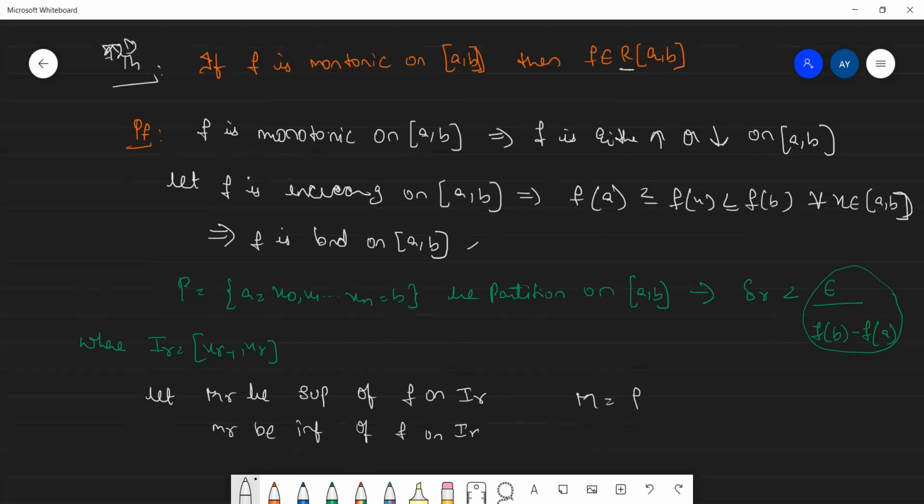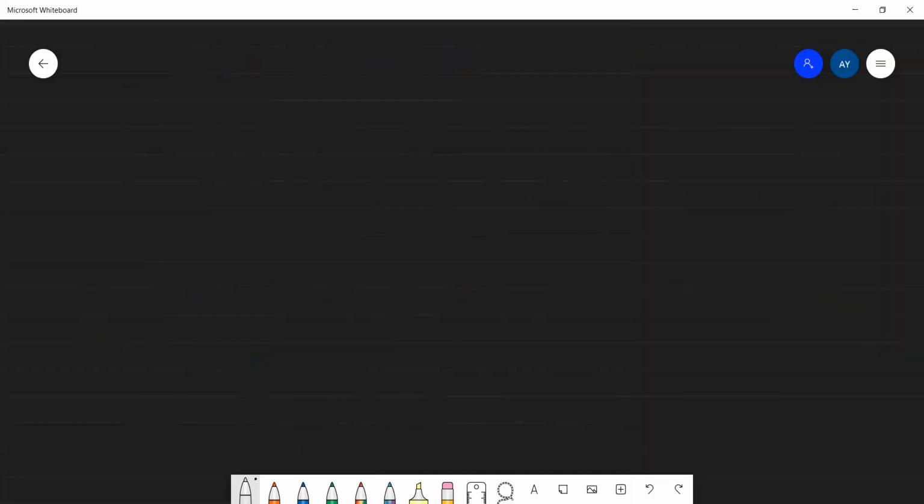So what is M? M is equal to f of x_r, as we are defining on this, and small m_r will be f of x_{r-1}. So we have to subtract these two.